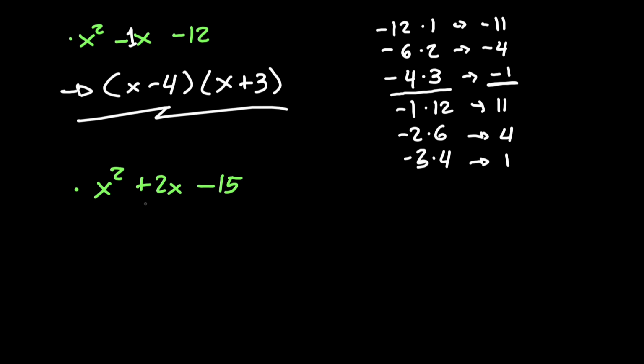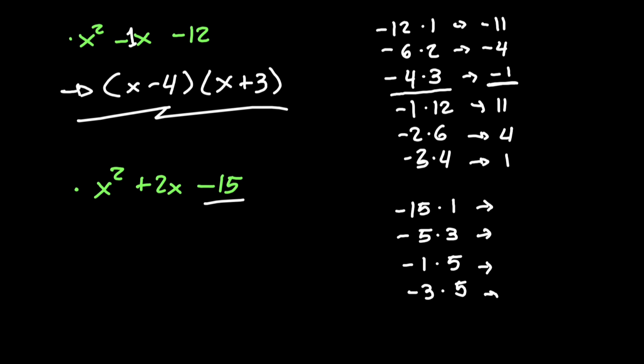Let's start with this. X squared plus 2x minus 15. So now find the factor multiples of negative 15 again. It would be negative 15 times 1, negative 5 times 3, negative 1 times 5, and negative 3 times 5. So add these.